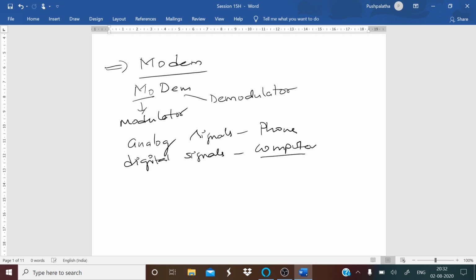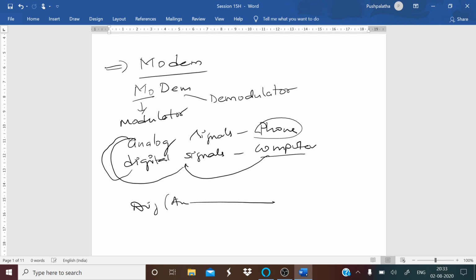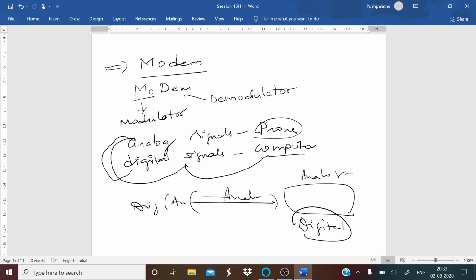The computer sends digital signals, which are converted into analog and sent through the phone. Received data is in analog, but the computer understands digital, so again it converts it into digital data. The demodulator converts analog to digital and the modulator converts digital to analog. So this process takes place.